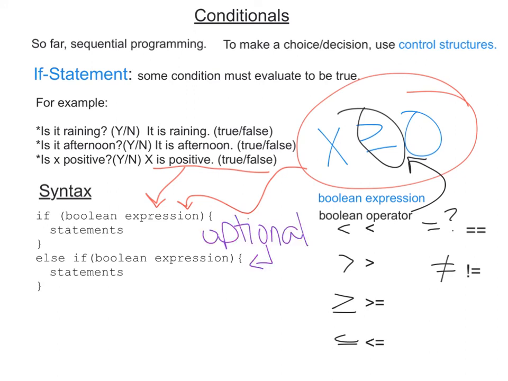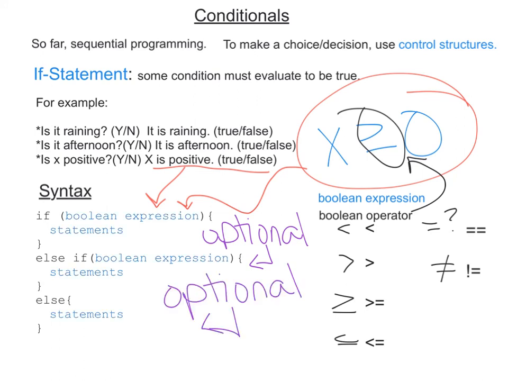Then we have the option for an else clause that takes no Boolean expression, but inside its body also has statements. And a closing curly brace. So I hope this clarifies a bit what if statements are and how to write them, and we'll talk about this more in class tomorrow.